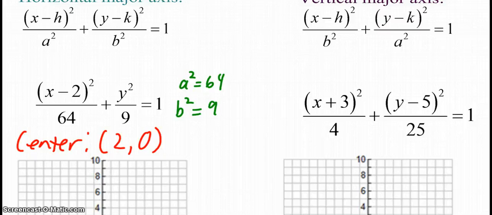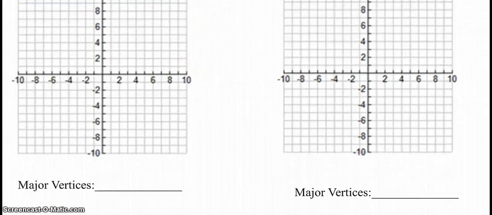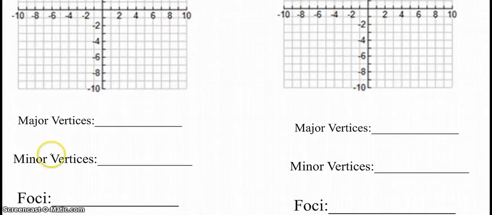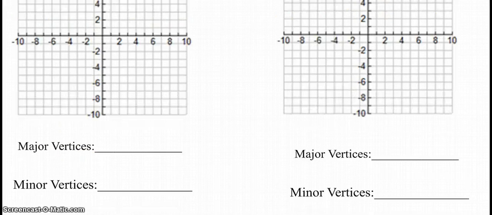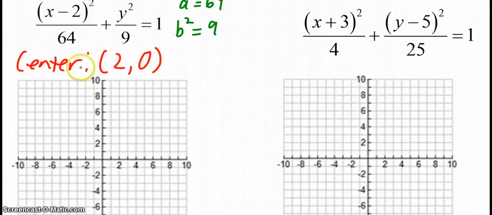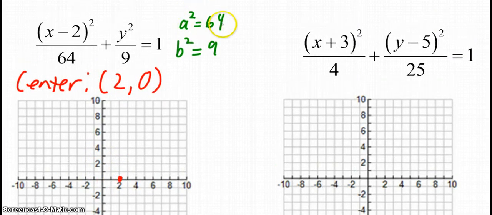Now, watch what I do here. I'm going to graph this before I find this information. So we're going to use our center, which is the point (2, 0). a squared was 64, so therefore a equals 8, b equals 3.